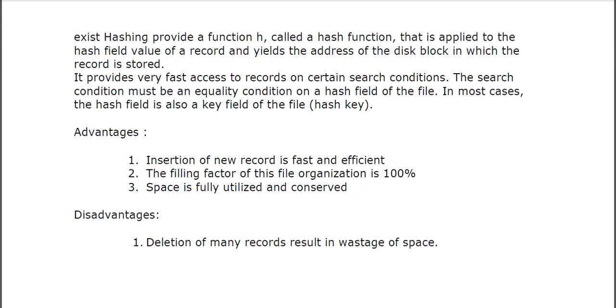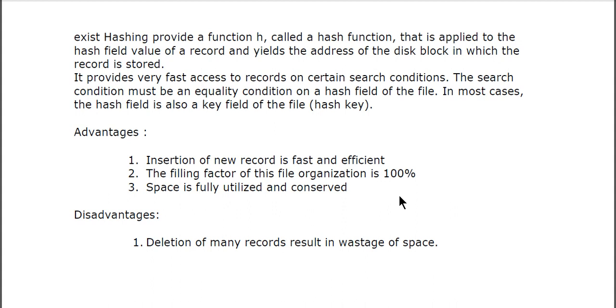Insertion of a new record is fast and efficient. The filling factor of this file organization is 100% because in all the locations the keys can be placed. That's why the filling factor is 100%. Space is fully utilized and conserved, and different collision resolution techniques are also used if a collision occurs.